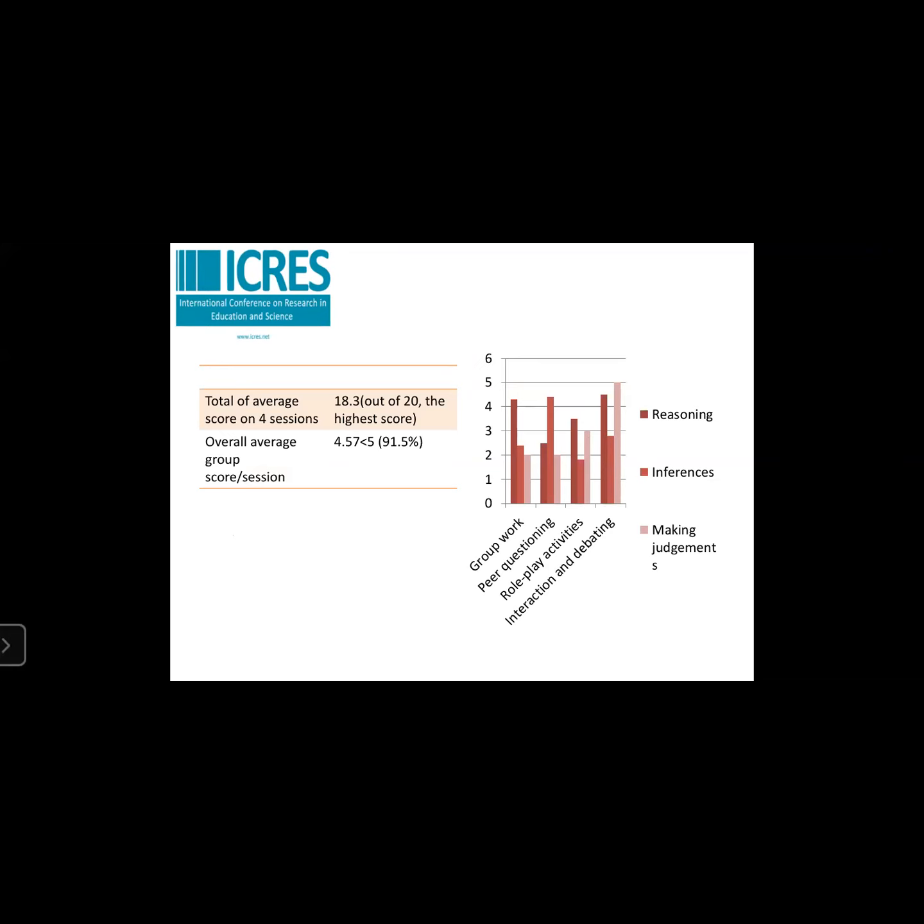So based on these findings, we can claim that the level of students' critical thinking competency increased when they are familiarized with project-based learning instruction and cooperative learning strategies, instead of familiarizing students with the audiolingual method or grammar translation method, through which they can only interact through dialogues, through memorization, through translation of the text from their mother tongue to the target language.